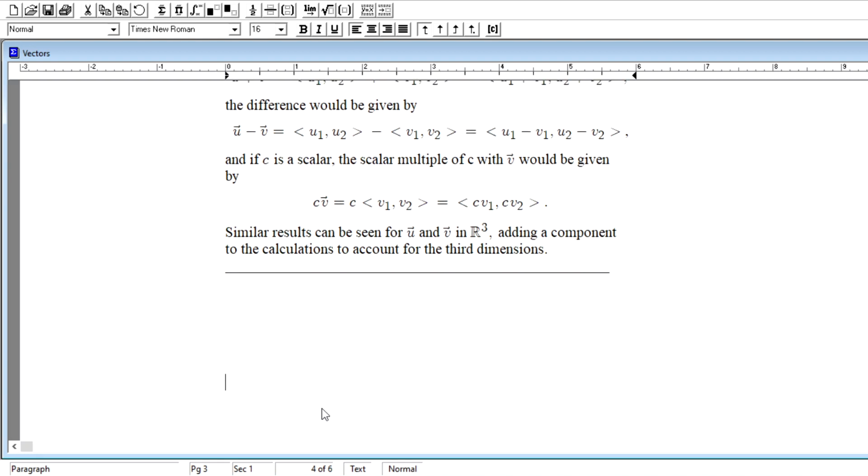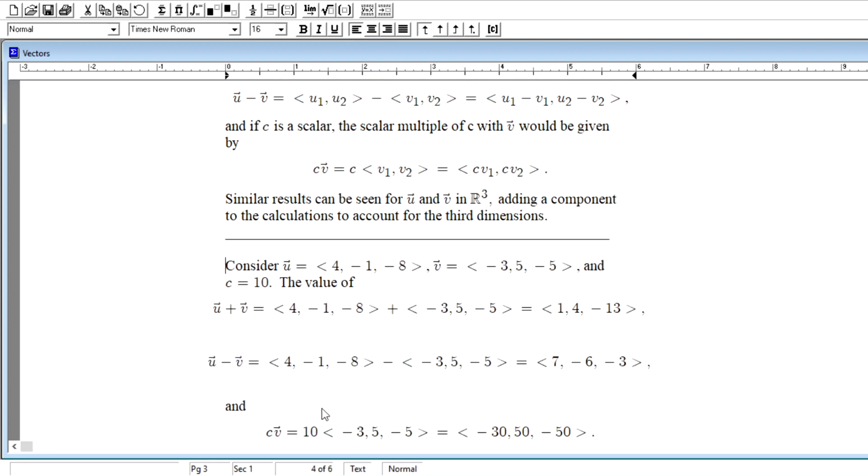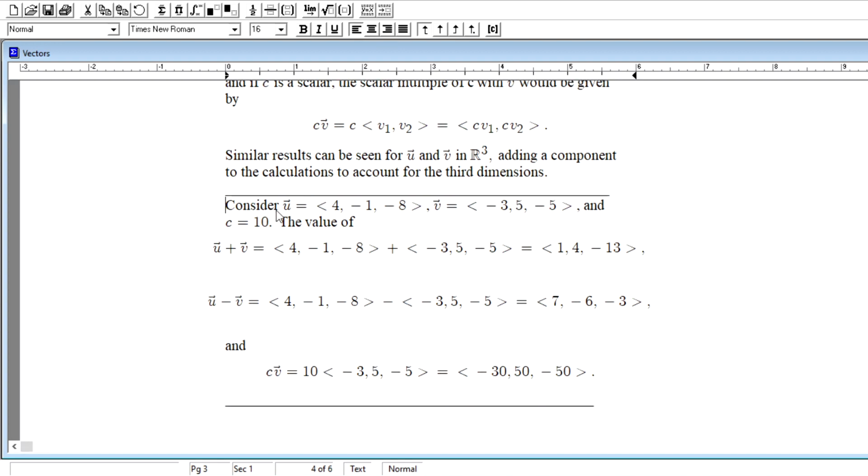So let's just consider a quick example here, in three dimensions, since we aren't going to necessarily present the formula for those, but we will see that it is very similar. Let vector u be the vector 4, -1, -8, vector v be the vector -3, 5, -5, and c be the scalar constant value of 10.